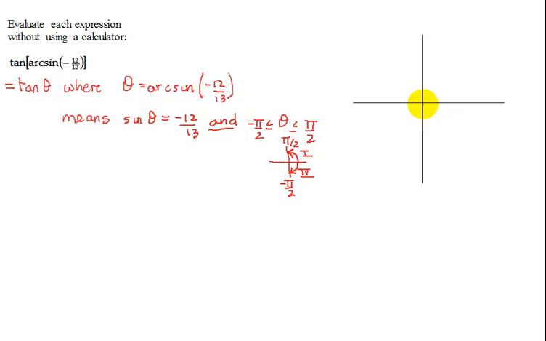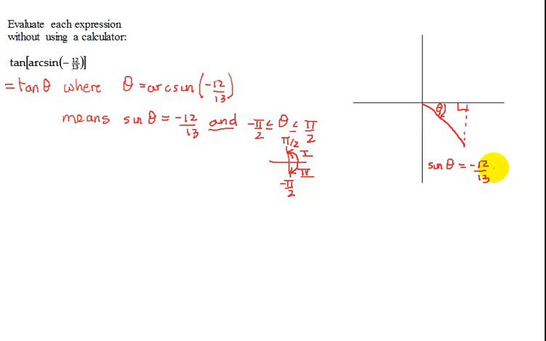So I need to draw an angle in quadrant 4, and excuse my terrible drawing here. So I need an angle down here in quadrant 4. Here's my angle theta. And I know that the sine of theta is equal to negative 12 over 13.